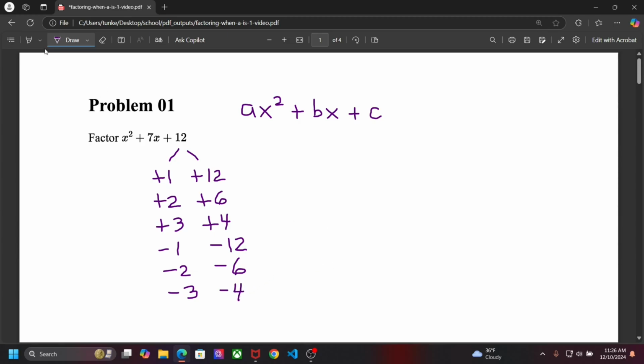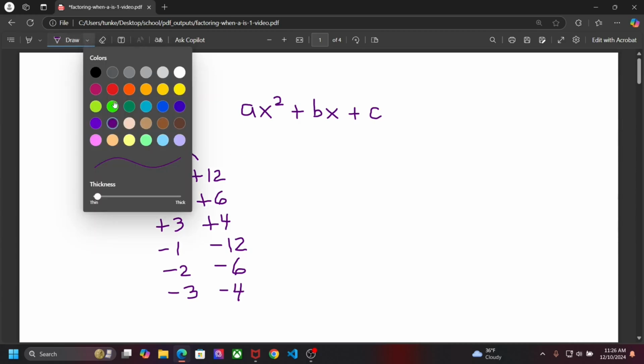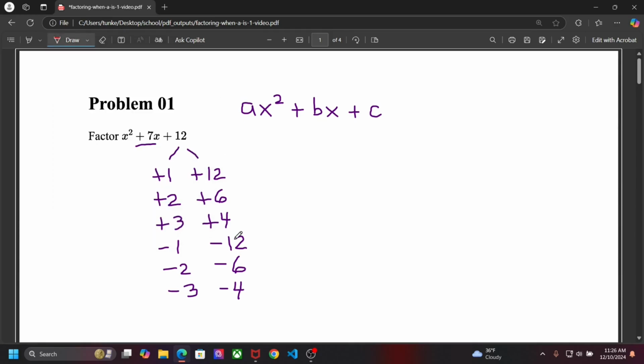Next, we're going to look for the pair of factors here that adds up to positive 7. Let's circle that pair, and that is positive 3 and positive 4. They add up to positive 7 and multiply to positive 12.